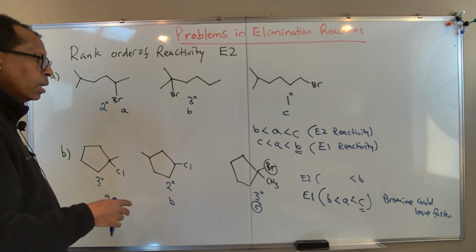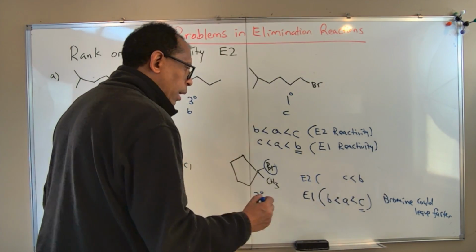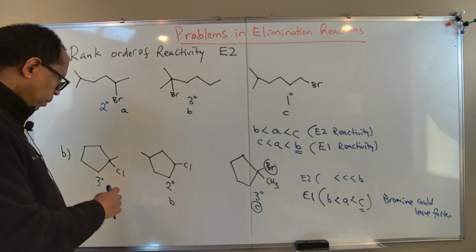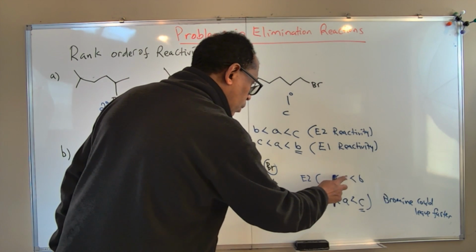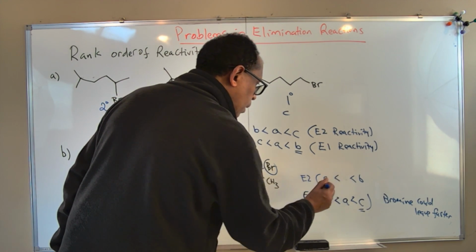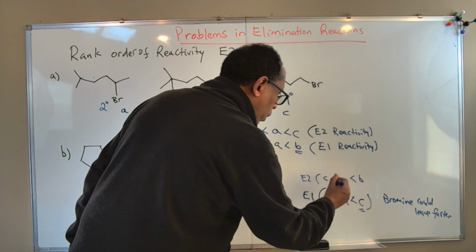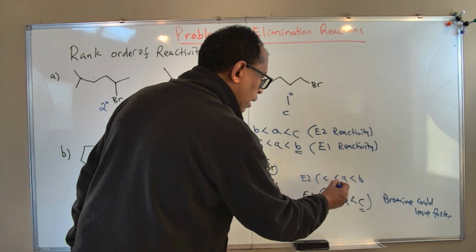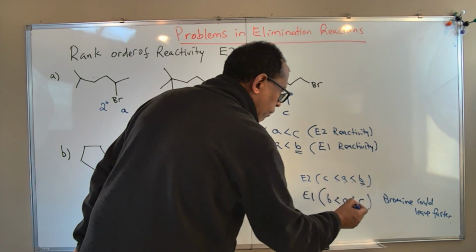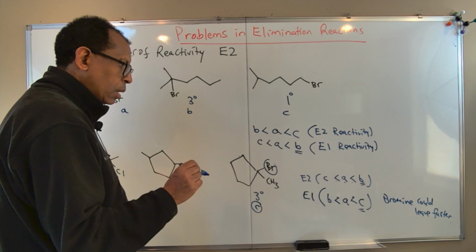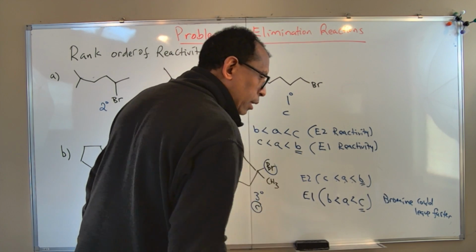Bromine is larger, so I would say bromine would be C here, the least one, and A would be the next one. So it would be like this: C is less than A is less than B. So the most reactive in this case would be B for an E2 reaction. And the fastest reactive in E1 mechanism would be C.